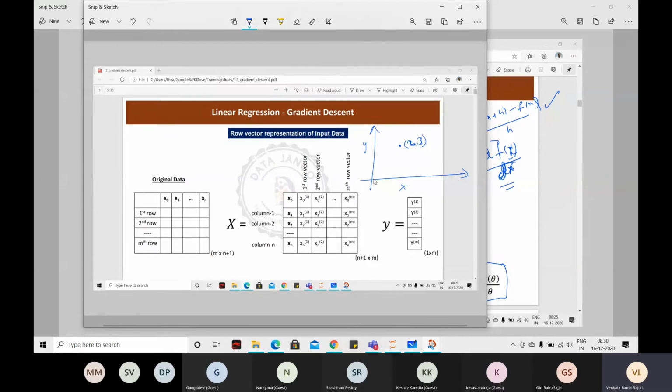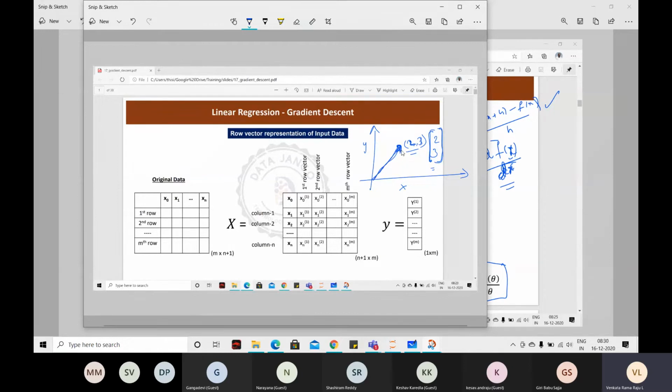When I say vector, it will have magnitude and direction. From the origin, you draw a line and put an arrow like this, then you say it is a vector. The same data point, you call a vector. A vector will generally be represented as 2, 3, like that, as a column. When you say it is a vector, it will have magnitude and direction.